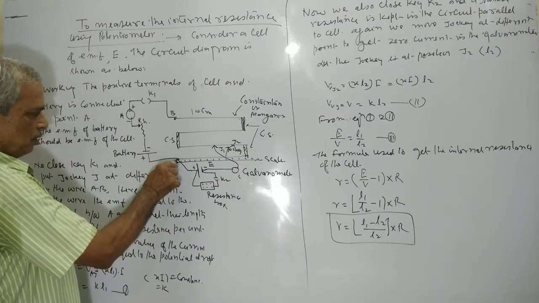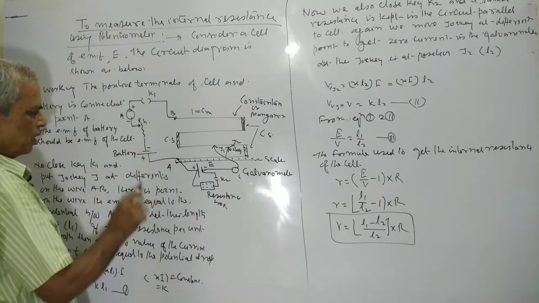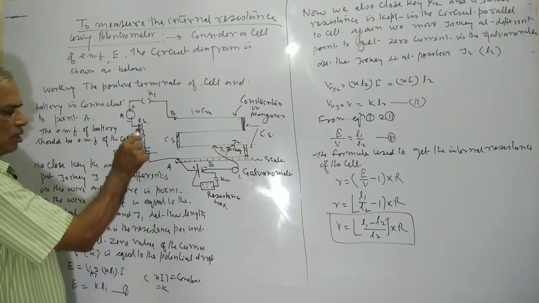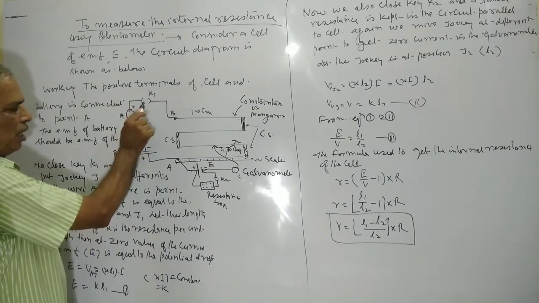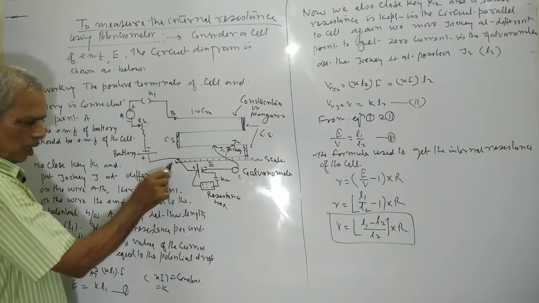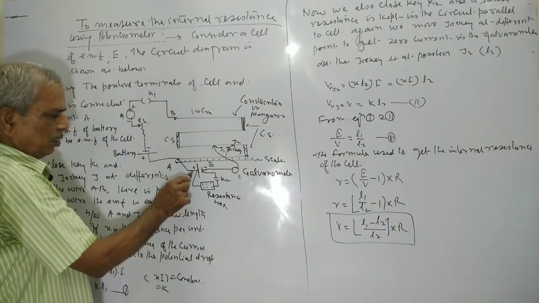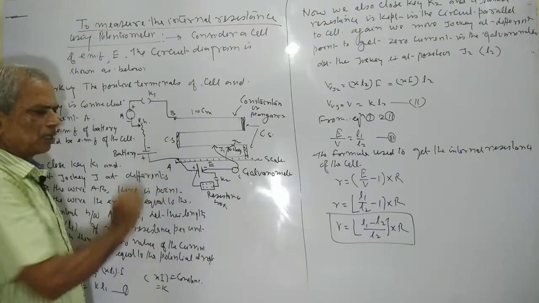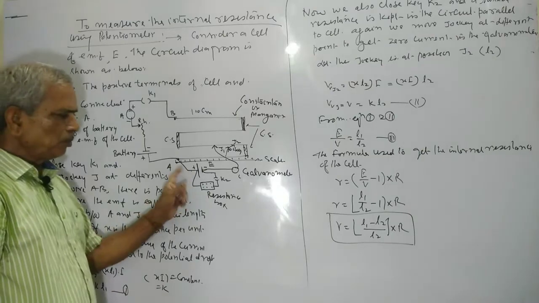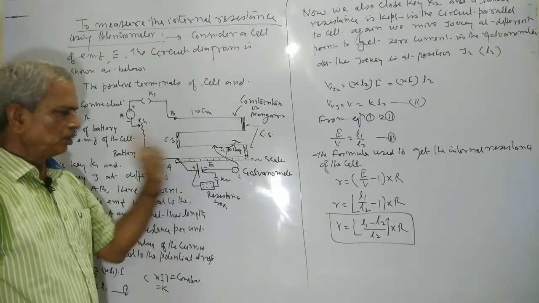The ends of this wire are A and B. A is connected to a battery through a rheostat, an ammeter and a key, and also connected to a cell. The positive terminals of the cell and the battery are both connected to one point. The negative terminal is connected to a galvanometer and then to a jockey.